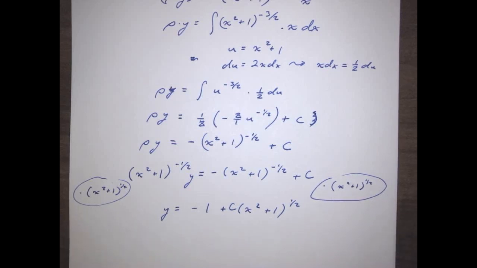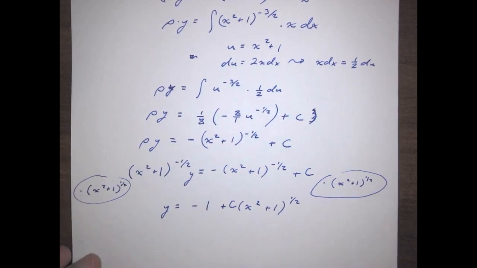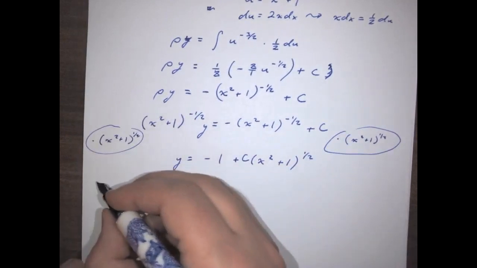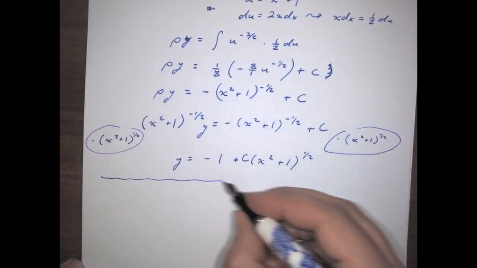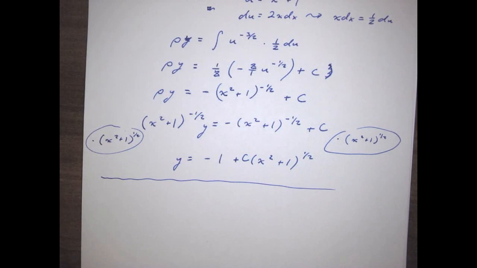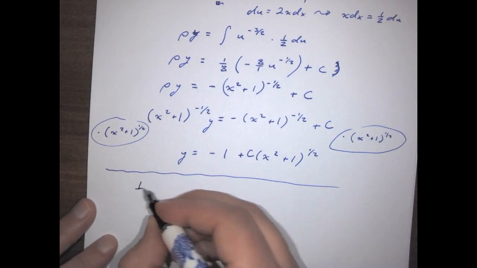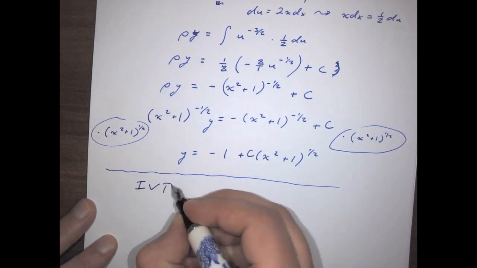Okay, so there's that. Now these families of differential equations still have constants in them, and the way to find a specific value of the constant is to use the initial condition if one is given to you. So initial value problems.